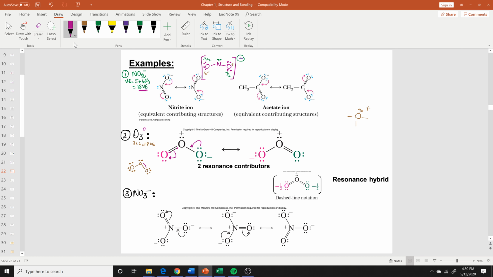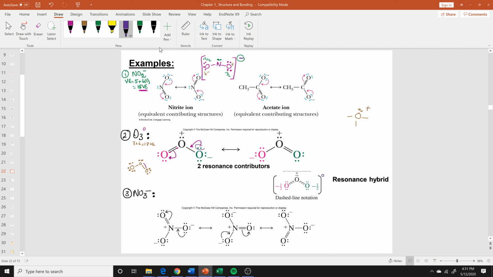So now my resonance hybrid is going to look like that. I'm sorry, it shouldn't be a negative there. It should be a 0 charge. You don't have to write 0, but I'm just going to go ahead and write the 0 over there. The double bond can be either between these two oxygens or between these two oxygens. Just go ahead and put the lone pairs that you did not work with: I didn't work with these two lone pairs, this lone pair, and these two lone pairs.